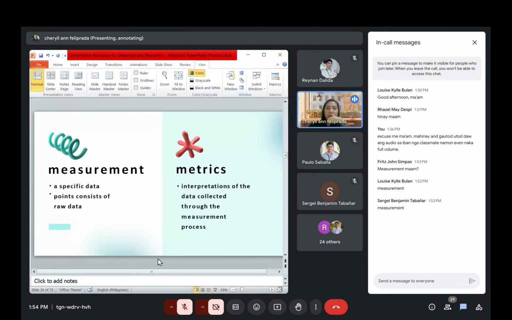While metrics is the interpretation of the data collected with the measurement process. Again, measurement is specific data points consisting of raw data, while metrics is the interpretation of the data collected through the measurement process.